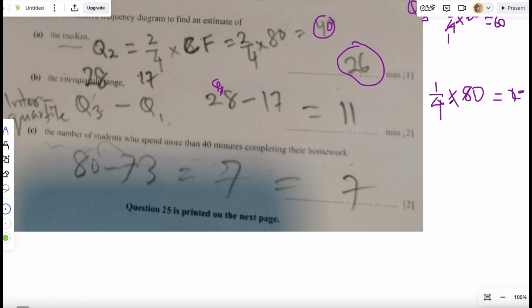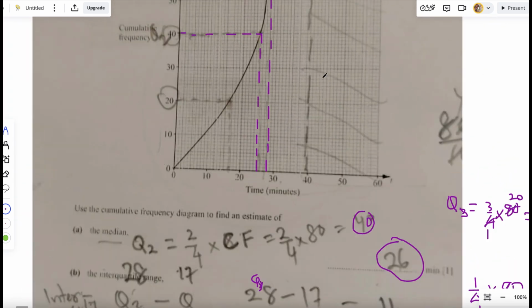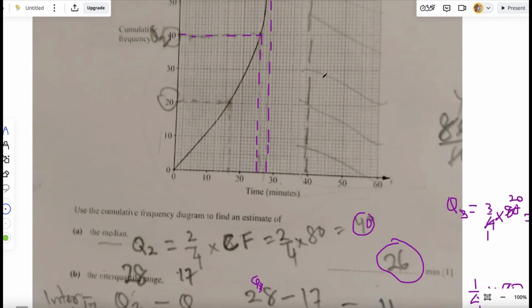We already know that the value is 20 for Q1. Now you come to the graph and trace the 20 for Q1. This is the Q1 value. This one is Q2, which is the median. Q2 is the median, Q3 is the upper quartile.